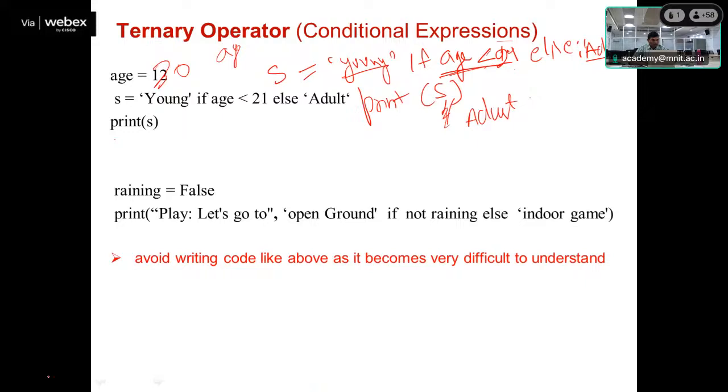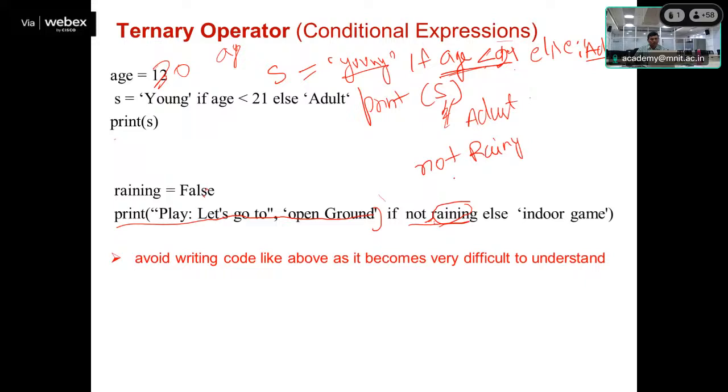Okay, take this example: raining is false, print "Let's go outside to play", bracket close. If not raining, this is the condition given. Raining is given here as false, and we are applying not.